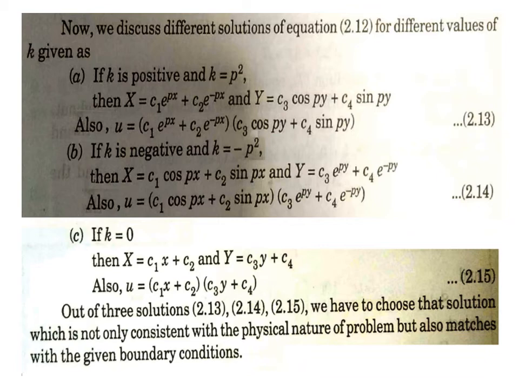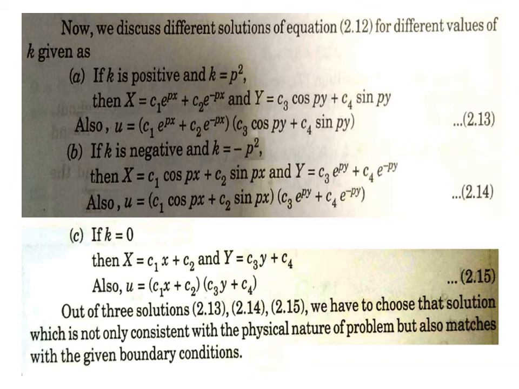That's why we utilized k equals minus p square for solving any important problem based over the wave equation. The same can be said for the heat equation: k equals minus p square was the only important choice because that produced cos and sine as parts of the solution, and that was suitable for the physical conditions of the heat equation.